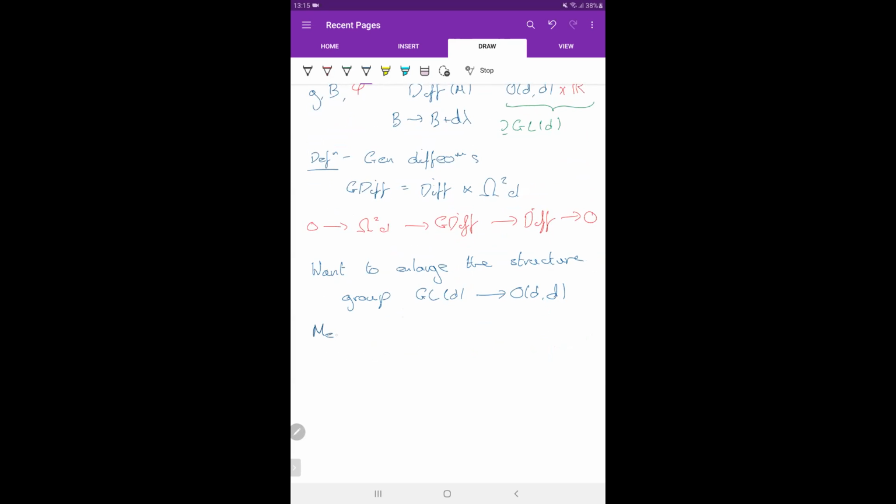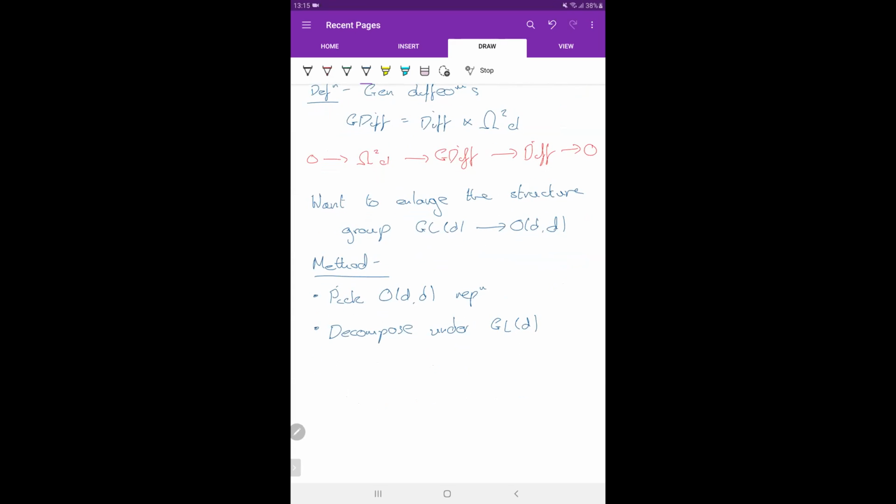So the method is you first pick your favorite O(D,D) representation. You then decompose under the GL(D) subgroup, this sort of one that's picked out precisely by the underlying manifold.